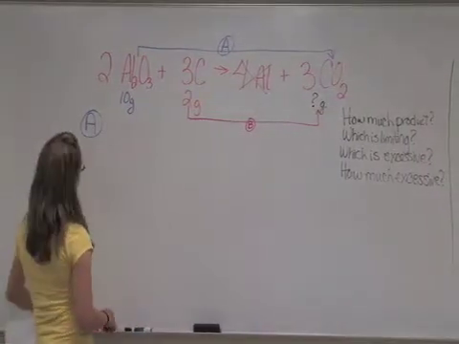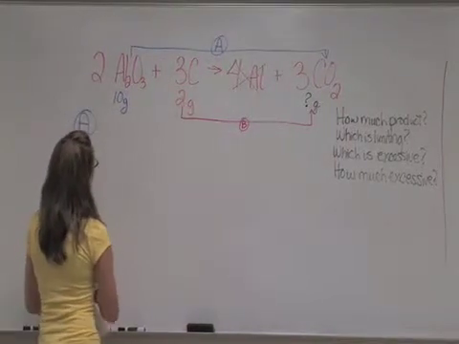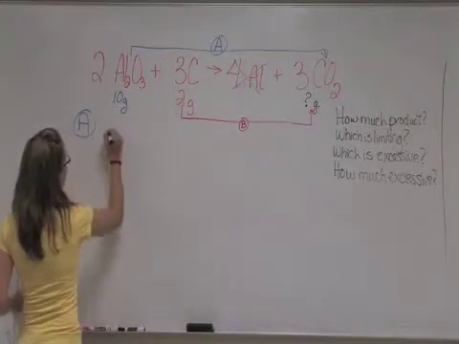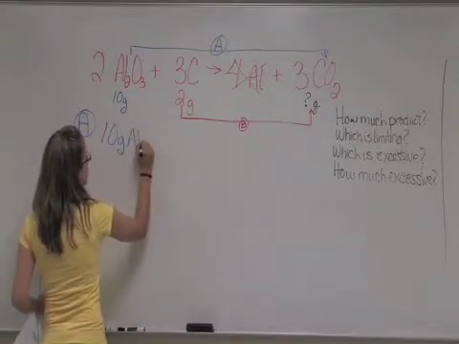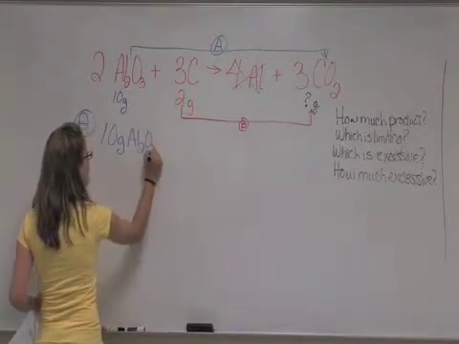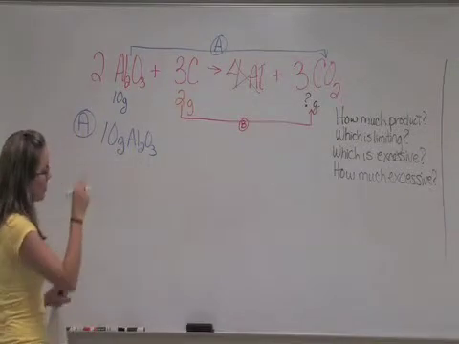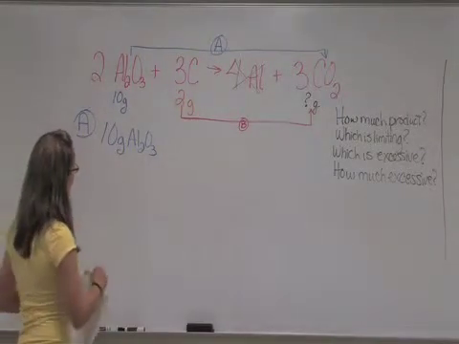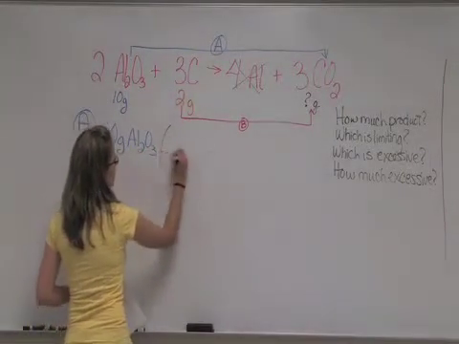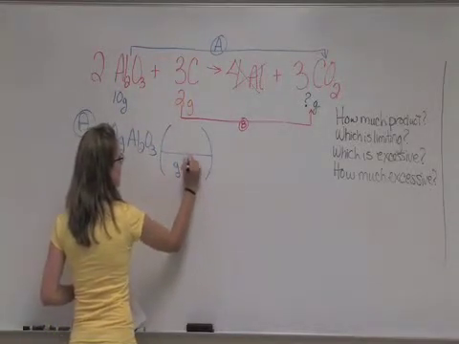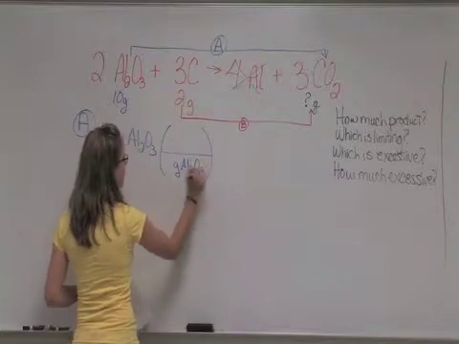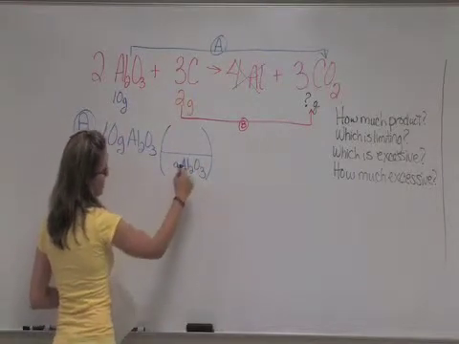So for part A, we start with 10 grams aluminum oxide. And we have to calculate how many grams of CO2 we can make. So we need to get rid of the grams aluminum oxide. To do that, we have to get to moles.